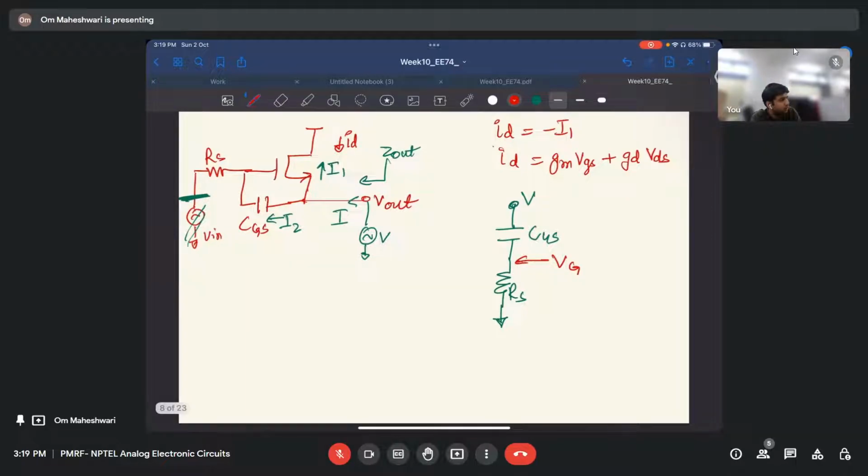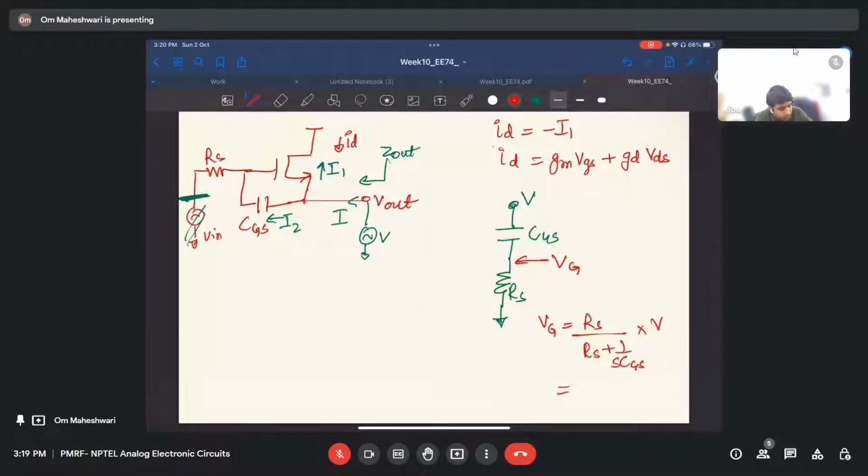So VG equals RS by RS plus 1 by SCGS into V. If I solve it, VG equals SCGS RS into V divided by 1 plus SCGS RS.